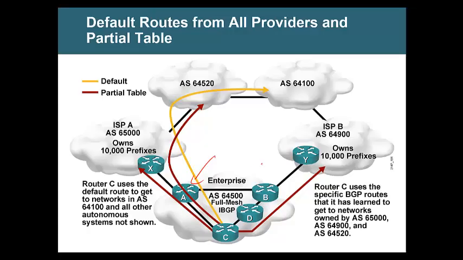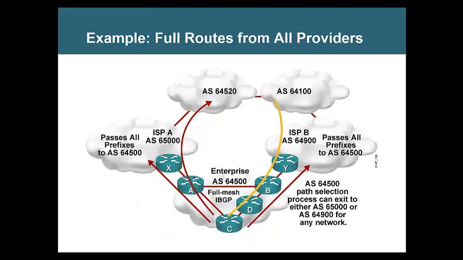Your routers will learn only the important routes from the ISP. The rest of the destinations are managed using the default route. So for some destinations, a precise route; for the rest, the default route.